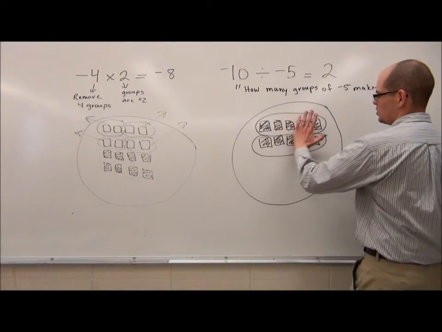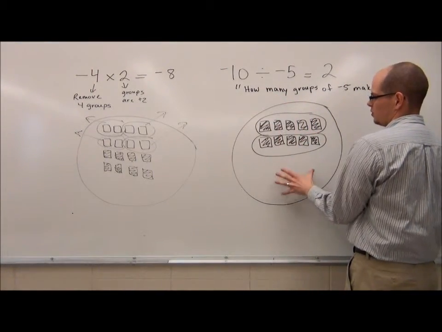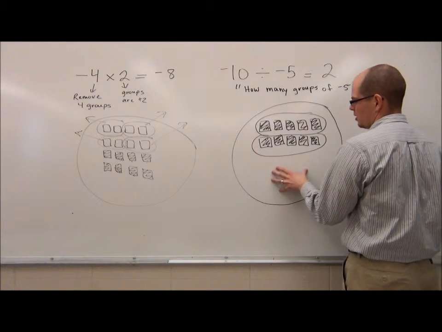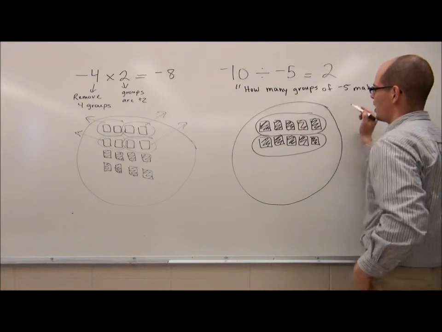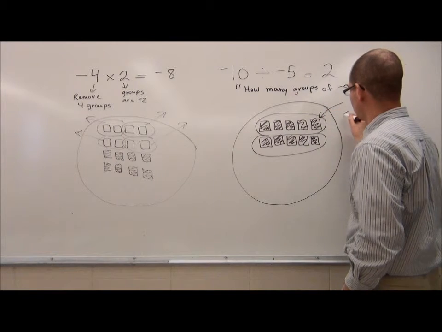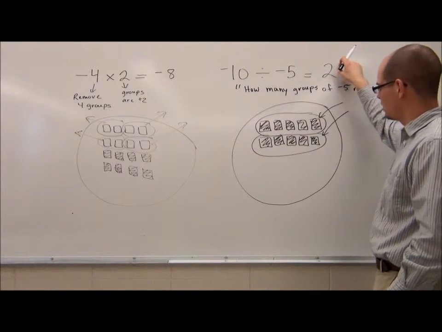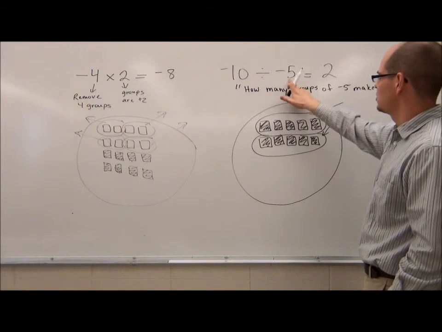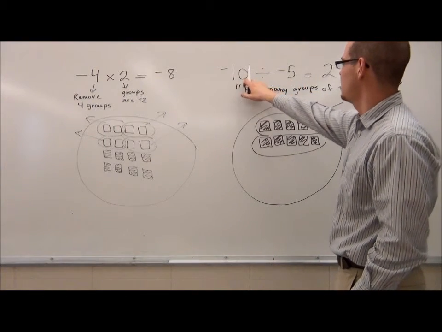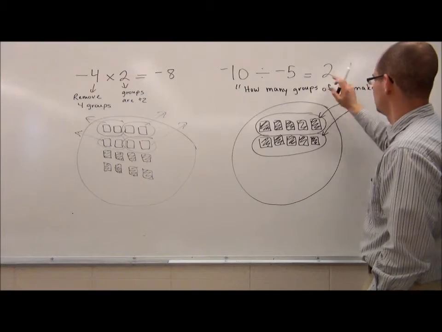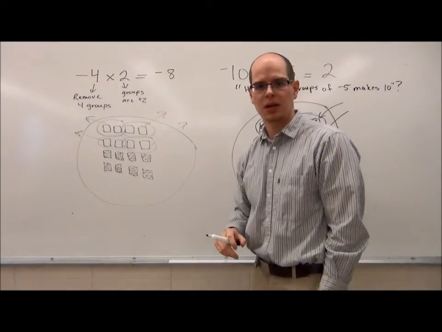Well, if you remove these two groups, you would actually be left with a positive number if we had a 0 pair. To actually get -10, we want to add these groups to the circle, which confirms our answer of +2, our quotient. So the answer is, if you want to make -10 using -5, you need to add two groups.